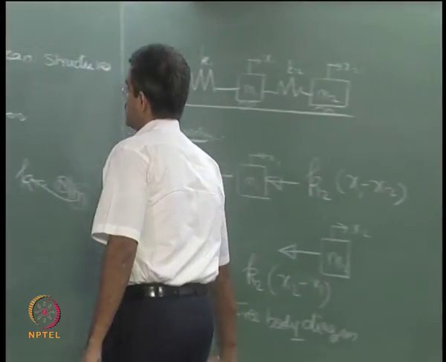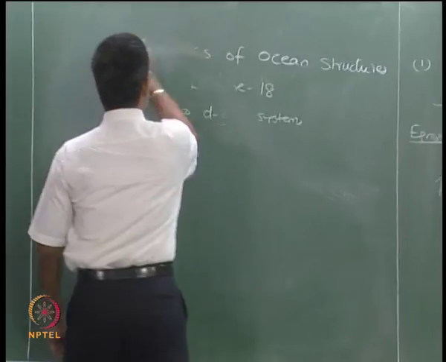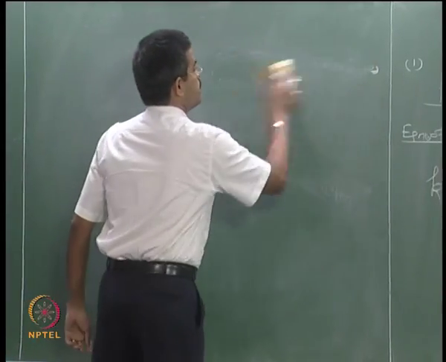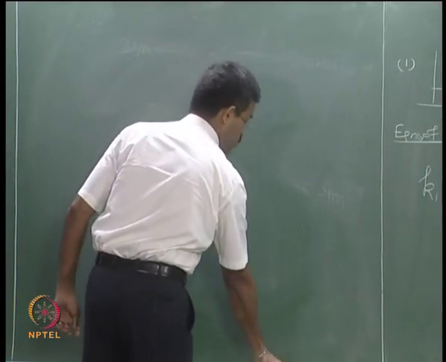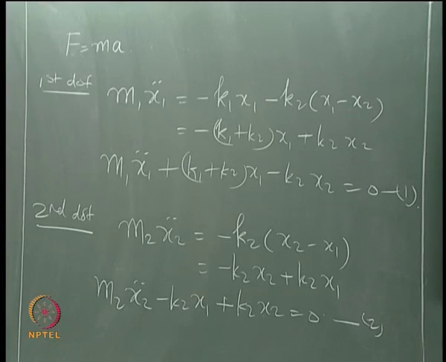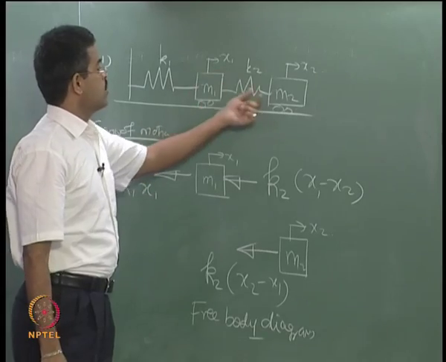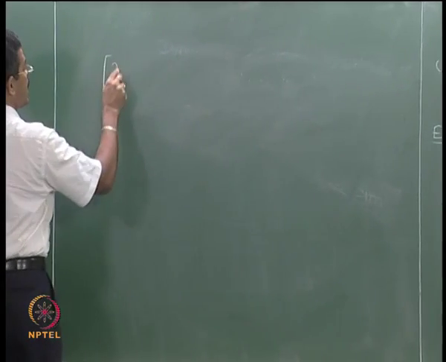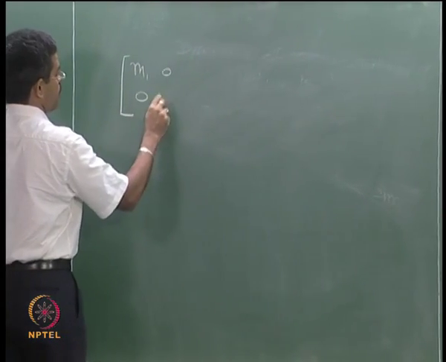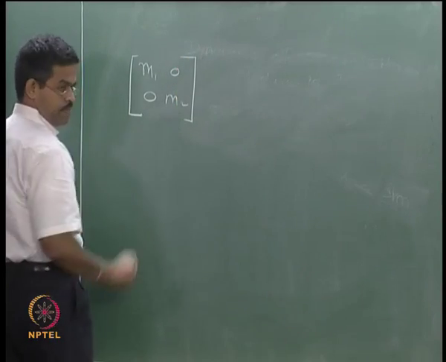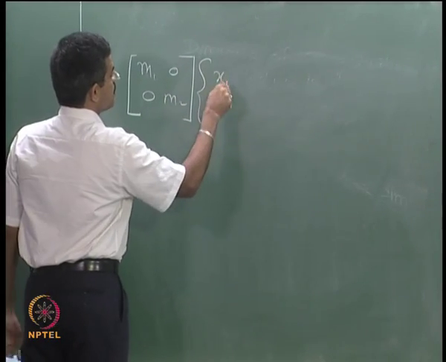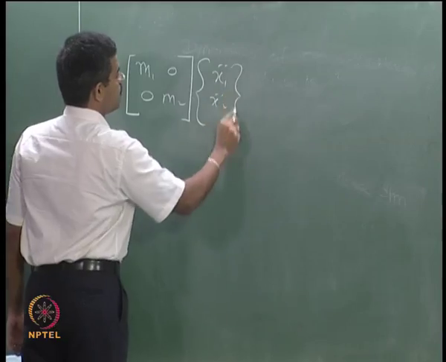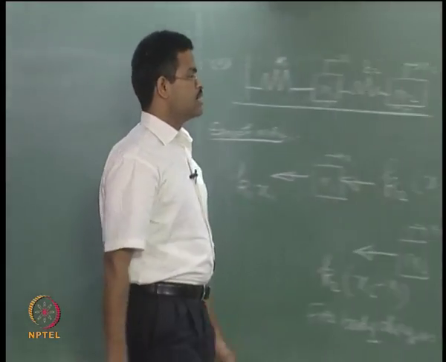Let me put these equations in a matrix form. There are 2 points where the mass is lumped. One is at x1, one is at x2. Therefore the mass matrix will be a diagonal matrix. I will come to this point slightly later, of x1 double dot and x2 double dot. I am just converting this into a matrix form.